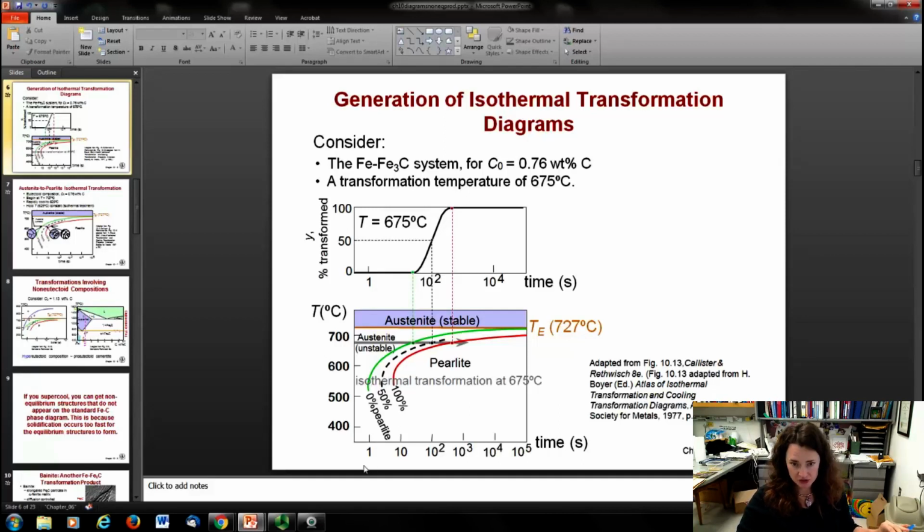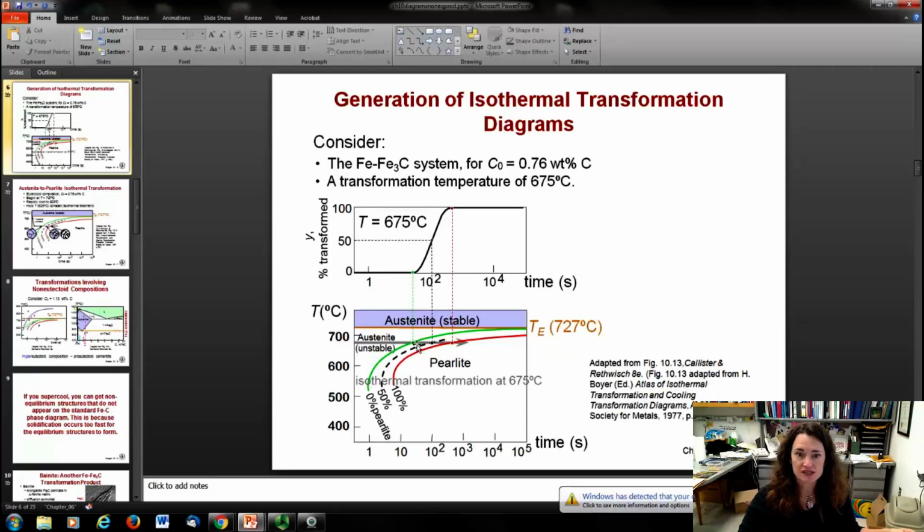And here's a logarithmic scale of time on the bottom axis. So here you have 1 second, 10 seconds, 100 seconds, 1,000 seconds. Well, if you're at 675 degrees C, it takes, say, 50 seconds or so for the reaction to begin. But if you're down here at 550 C, it only takes 1 second for that reaction to begin.